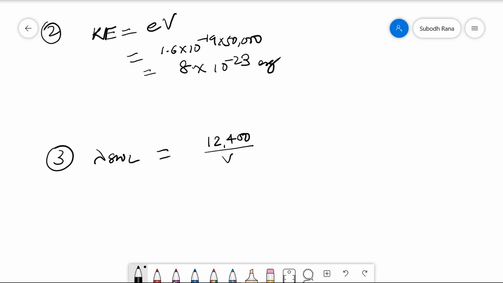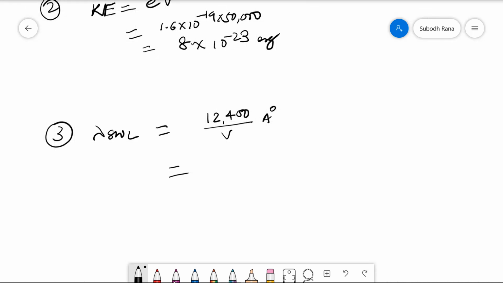This is the formula. If you put in 50,000, this will come to around 0.248 angstrom. This is the shortest wavelength of this material at this voltage, whatever the target may be.